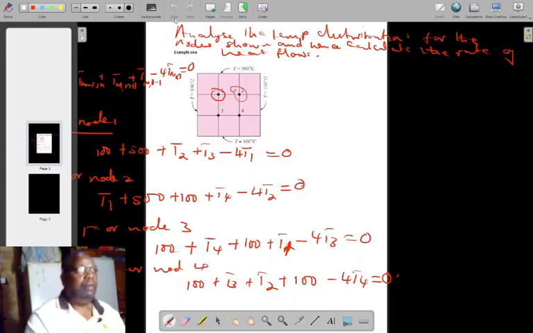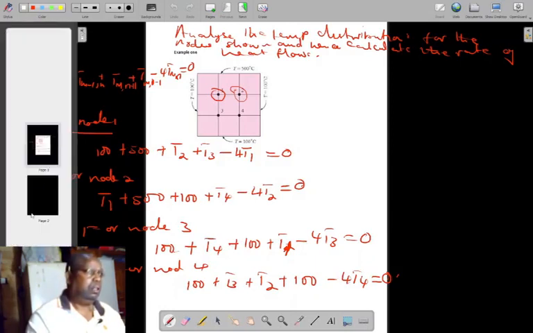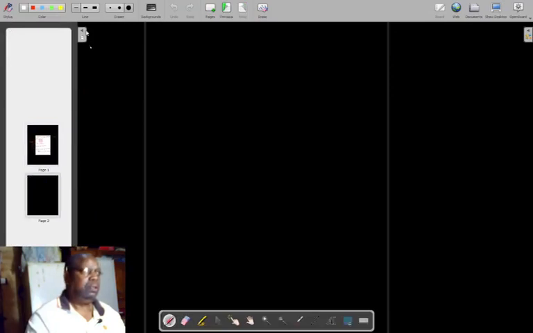So we have, from symmetry, T2 is equal to T1 and T3 is equal to T4.